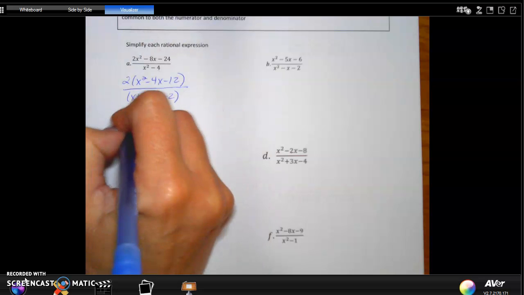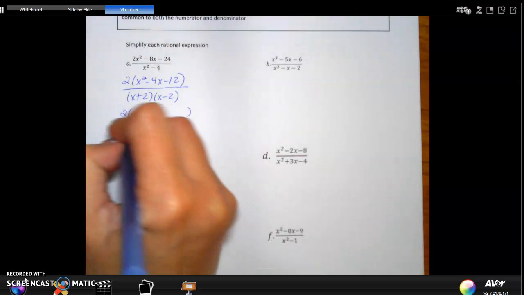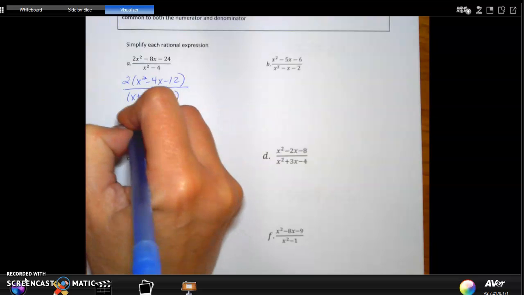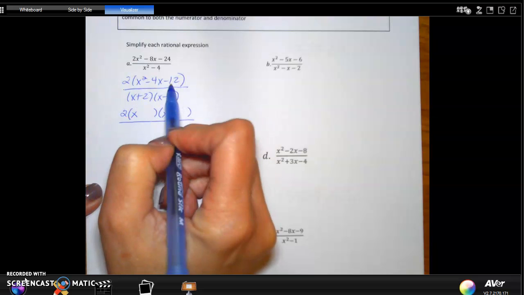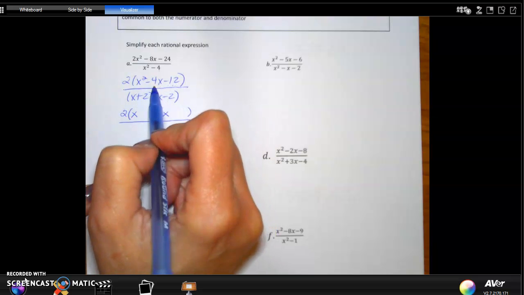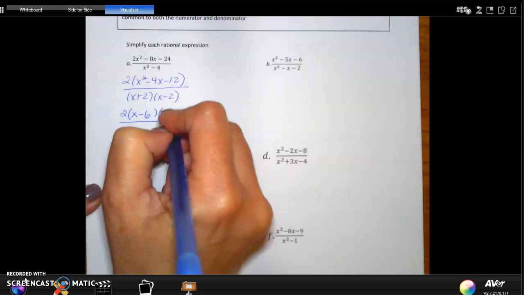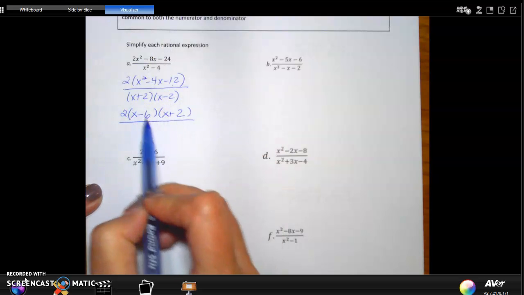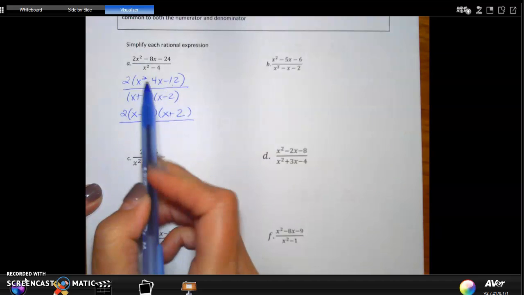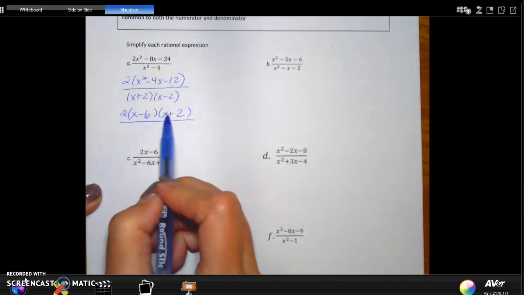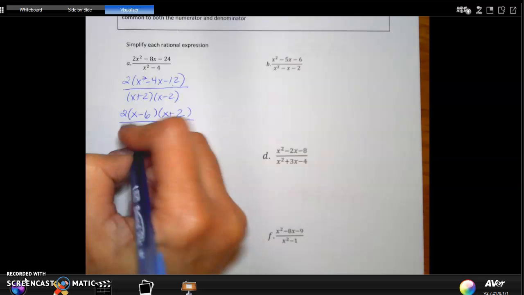So up on top here we're going to have our binomial pairs and an x here and here, and then we need a 6 and a 2. We need a negative 4 in the middle, so we're going to do a minus 6 and a plus 2. So that negative 6 plus 2 will get you back to negative 4, and negative 6 times positive 2 gets you to the negative 12 there.